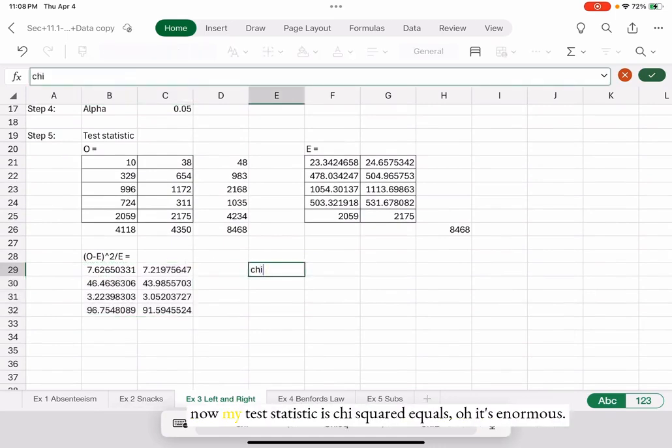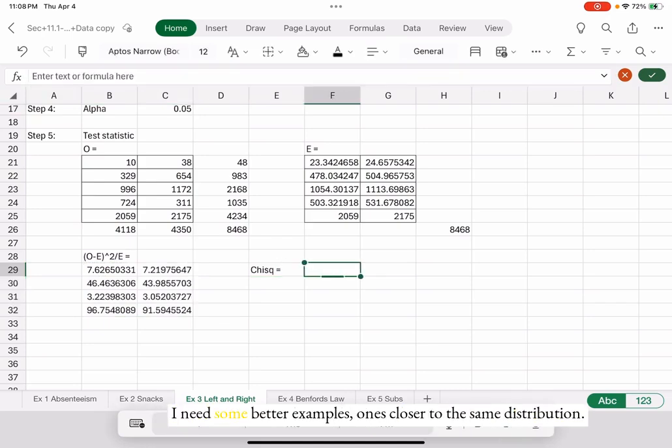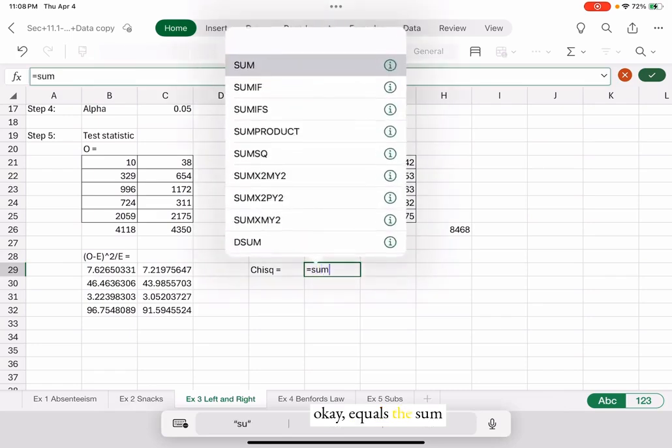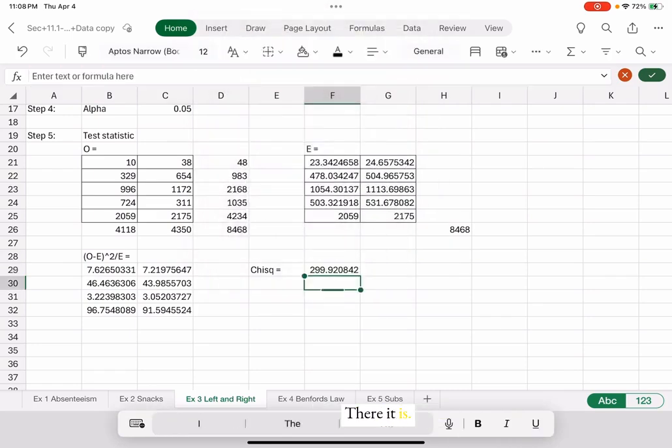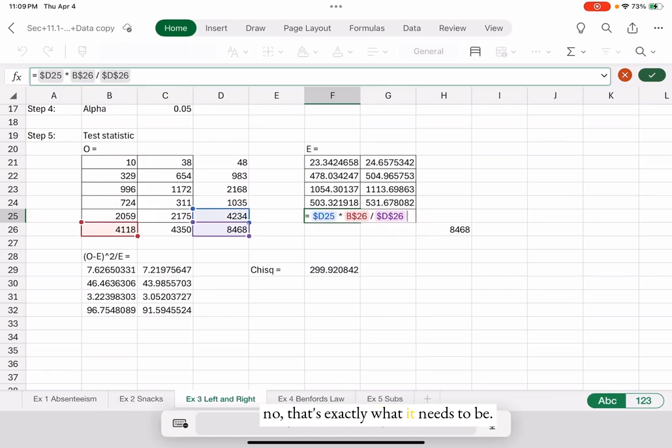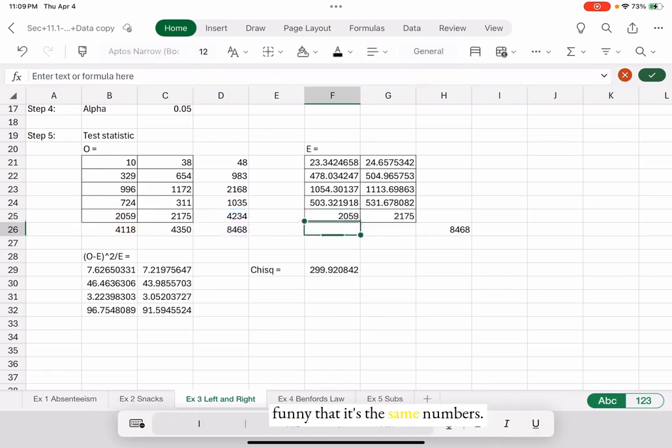Now my test statistic is chi-squared equals, oh, it's enormous. I need some better examples, one closer to the same distribution. Okay, equals the sum, there it is, 299. It's very big. Wait, something was wrong here. That's exactly what it needs to be. Funny that it's the same numbers.